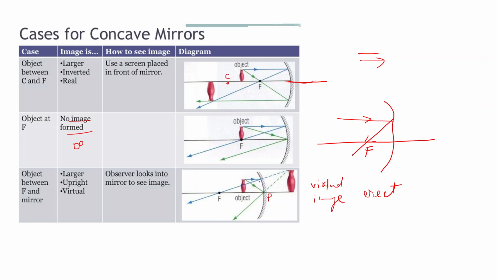This we can see by looking into the mirror, but we cannot obtain it on a screen. So these are the different positions of objects, which result in different positions of images and their sizes. This is the case only for a concave mirror, because for a convex mirror we always get virtual and erect images. Their size may differ depending on the distance, but they always form virtual and erect images.